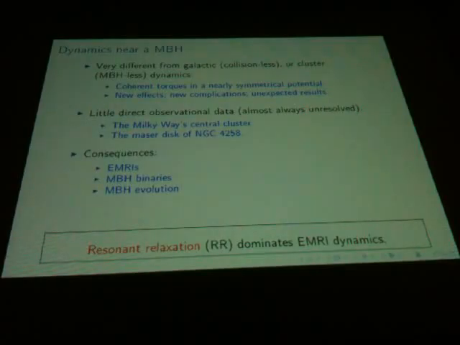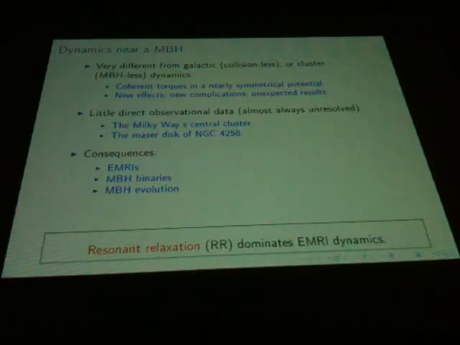And it turns out that near massive black holes, because of the high degree of symmetry that the black hole introduces in the small volume where it completely dominates the potential, this high symmetry gives rise to all kinds of, let's call them in quotes, exotic phenomena.